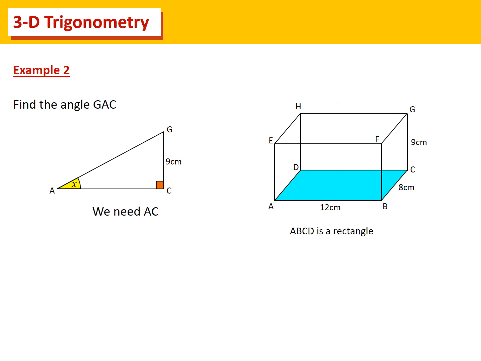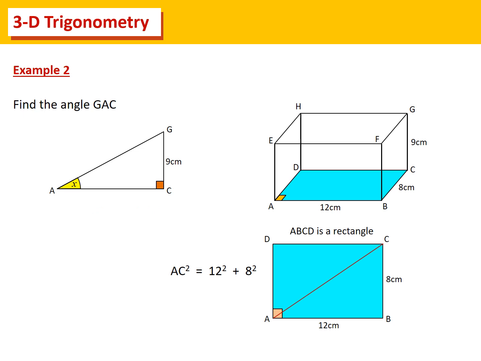Once again, we go back to our base because AC is the diagonal in the base. It's a rectangle, and so we'll draw that rectangle flat, marking AC, and we can then see, using Pythagoras, that AC squared is 12 squared plus 8 squared, and therefore gives us AC is the square root of 208.